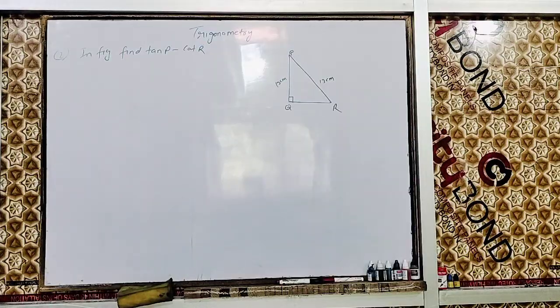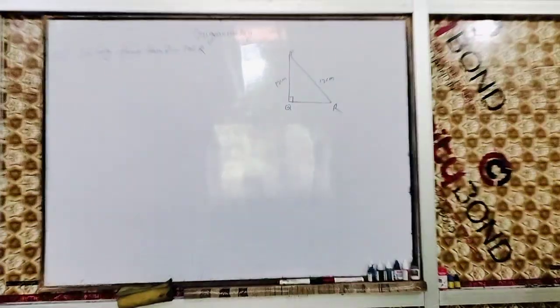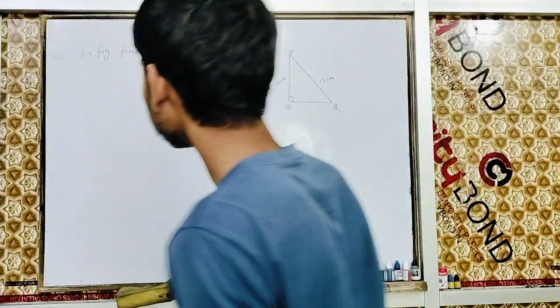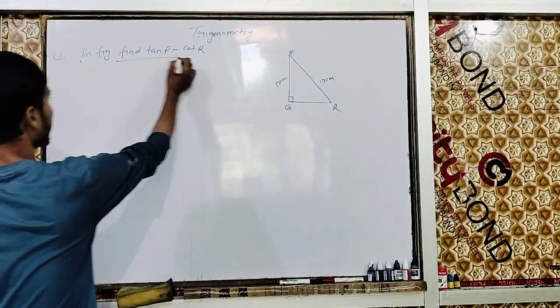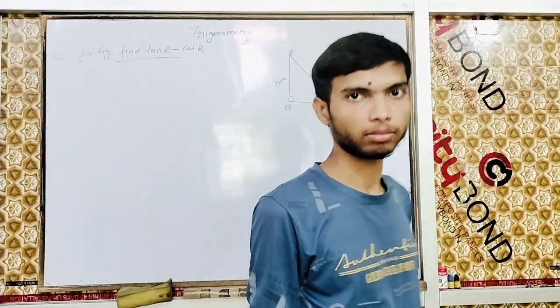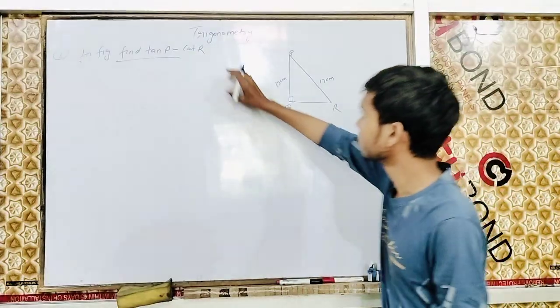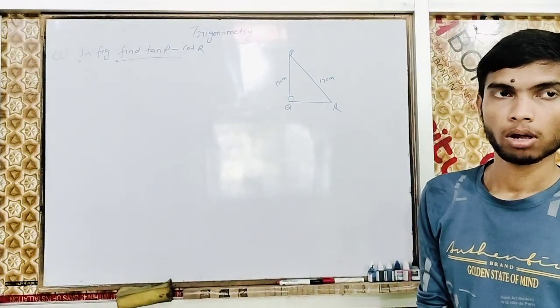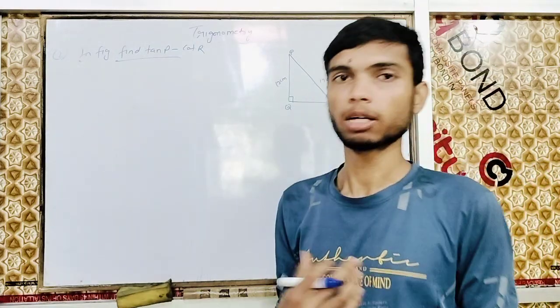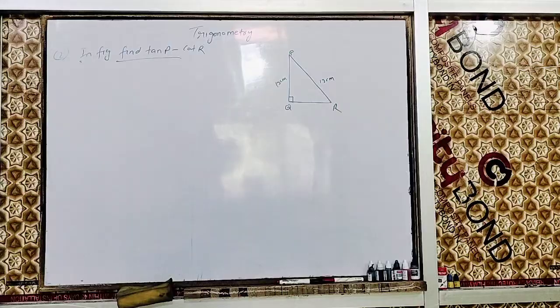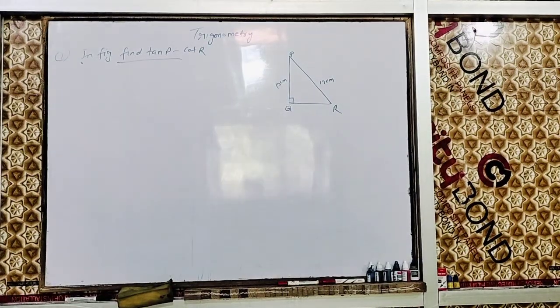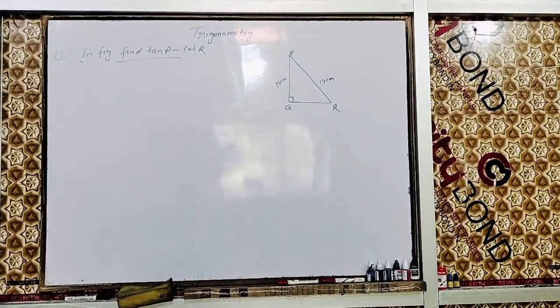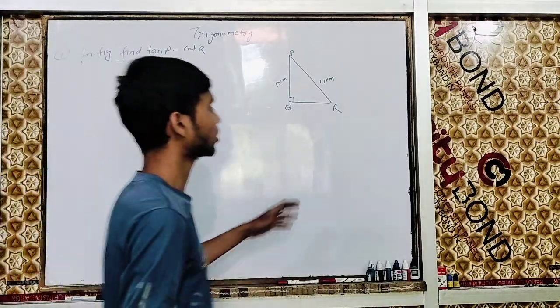How to solve this question? It is different from the first question. The question is the same: you are given a figure, and you have to find this. So we will continue here. This is the given figure.